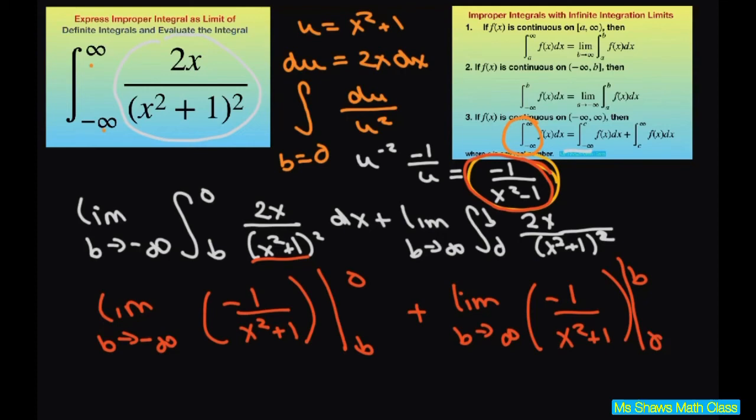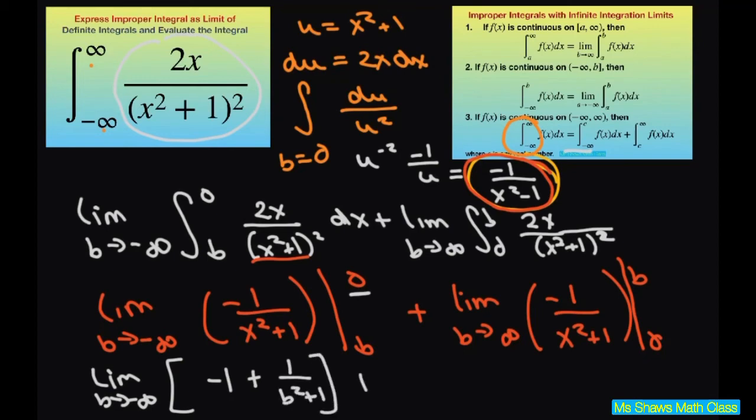Now, when you evaluate this, this is the limit as b approaches negative infinity. When you plug in 0 first, that's going to give you negative 1 minus, when you plug in b, it's going to end up being plus 1 divided by b squared plus 1.